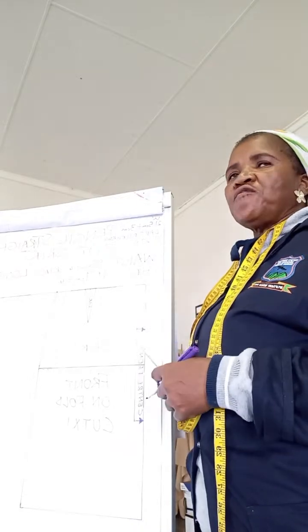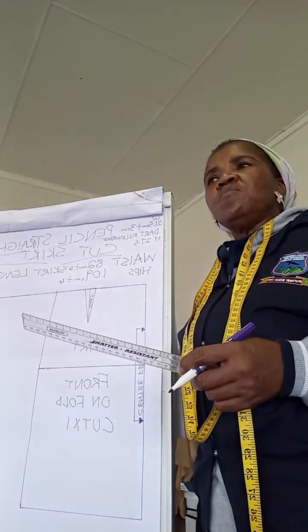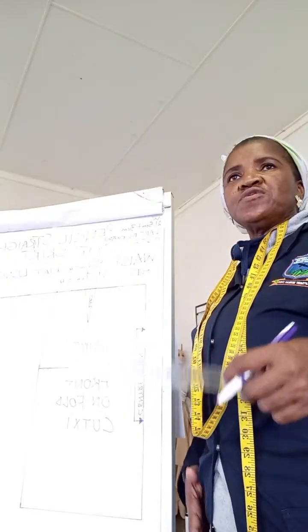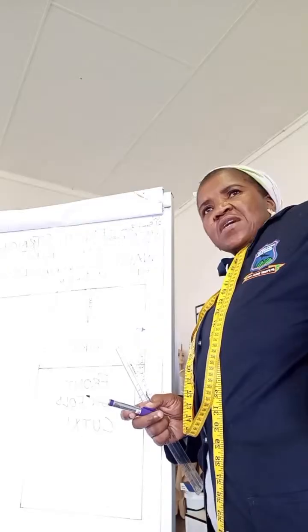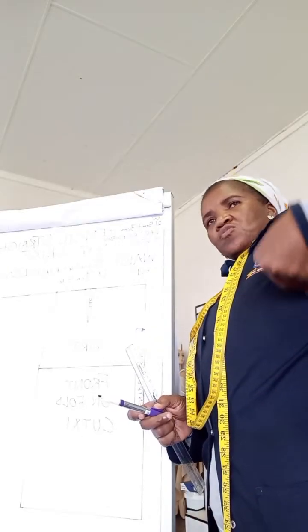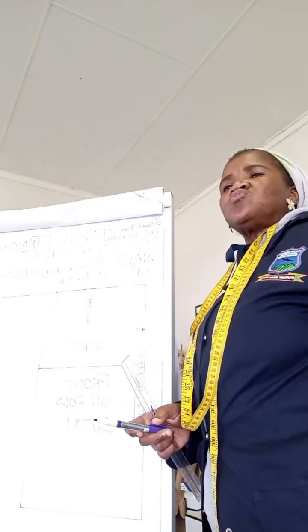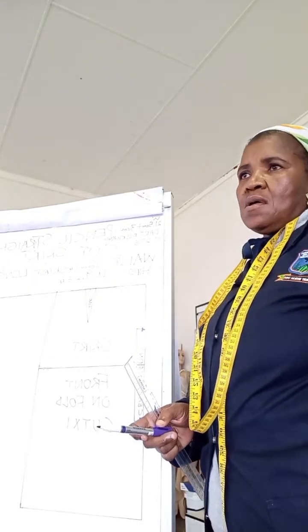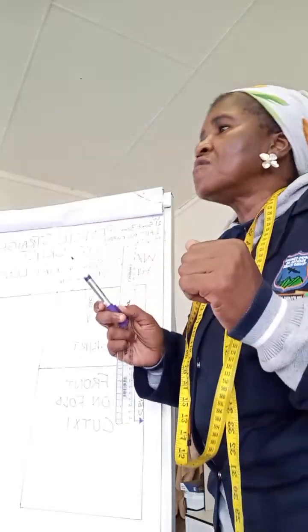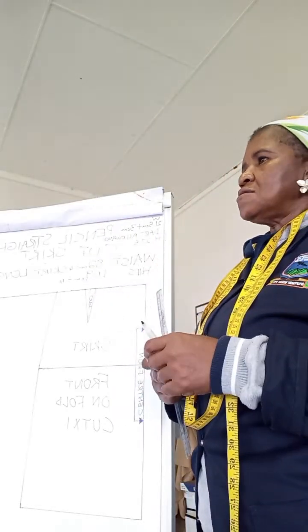But when you cut on fold, sometimes when you make something like a dress that is cut on fold, both sides, that doesn't have a zip, sometimes what they do, they put a zip here on the side, from down here, like a school uniform, so that you can get an allowance of getting in and getting out.